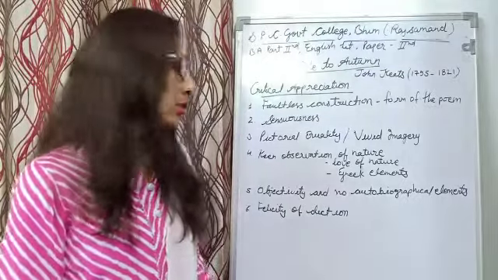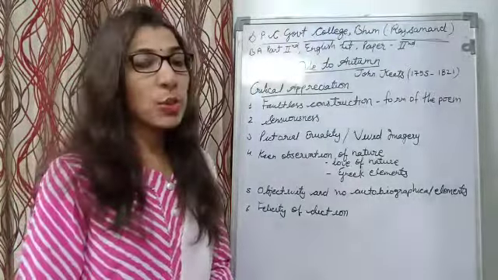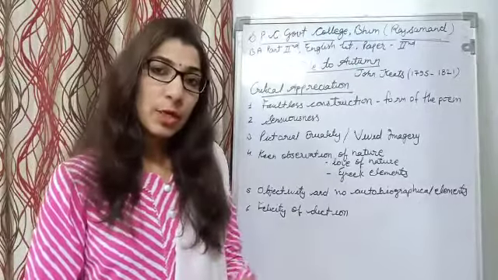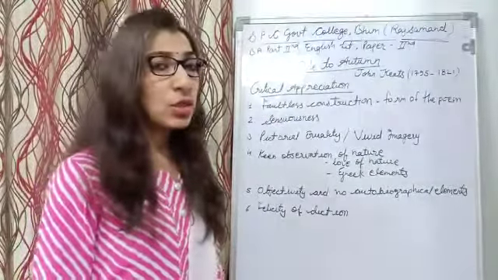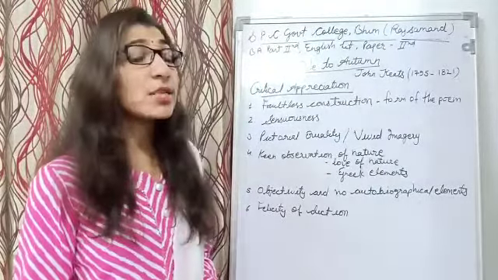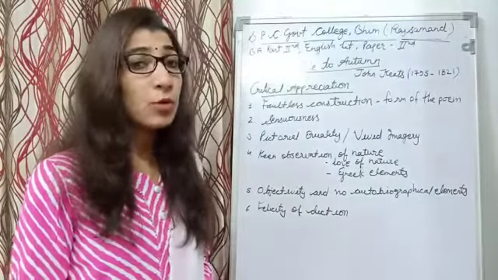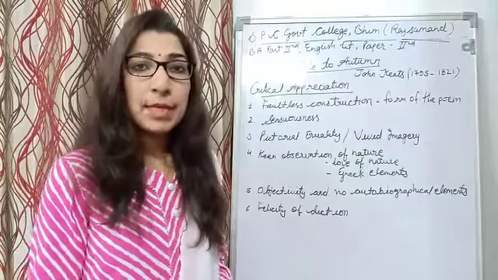So this poem has pictorial quality. We see picture after picture in this poem, and as Keats was a poet of the romantic age, he loved nature and described nature in his poems.